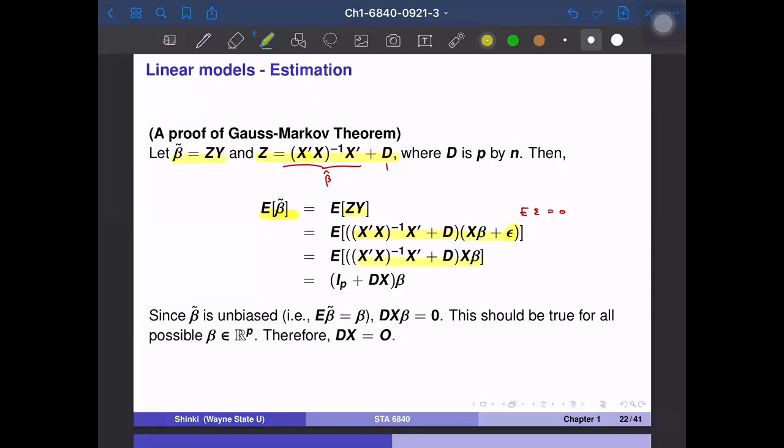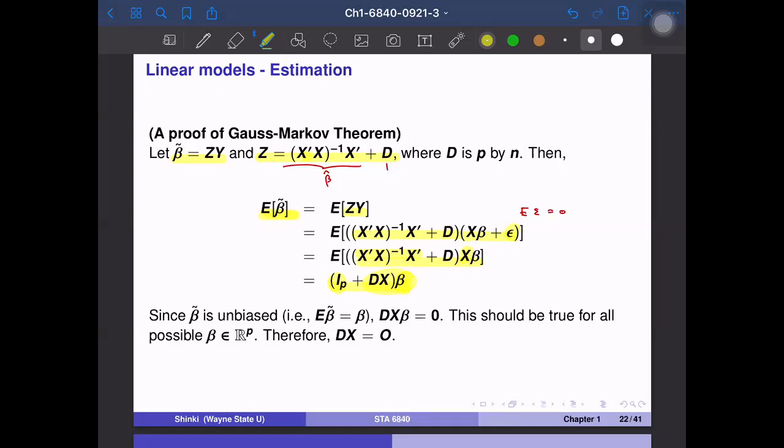And the first term, X transpose X inverse X transpose X, is just the identity matrix. And so we get this. So the first term, the identity matrix times beta, is just beta. So the second term, DX times beta, should be 0. So what's this condition?